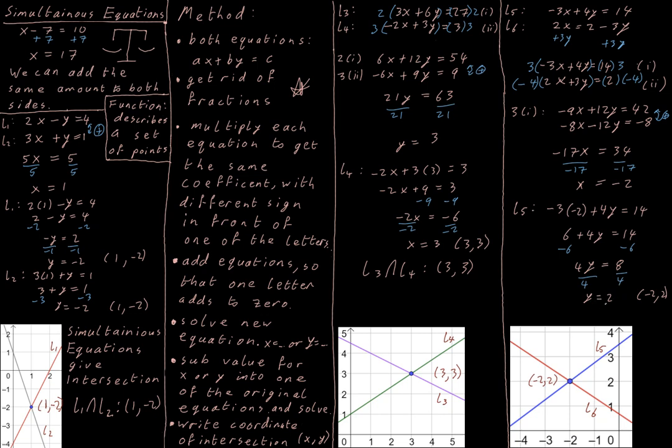I have y is equal to 2 when I sub back into L5. Again, I could have also subbed into L6. It wouldn't have made any difference because we know the defining characteristic here is we get the same point. We get the same y value when we sub in that x value. So that means our intersection of L5 and L6 is happening at minus 2, 2. And that's what we need for now.